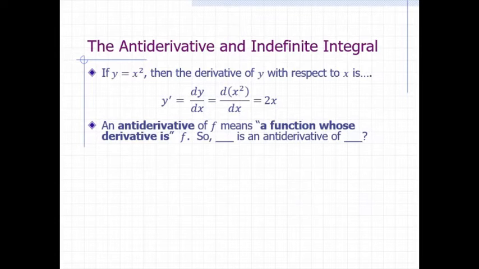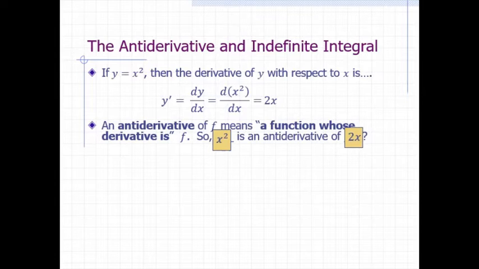So, since we know that the derivative of x squared is 2x, which of these two functions is an antiderivative of the other? We can say that x squared is the function whose derivative is 2x, so x squared is an antiderivative of 2x.